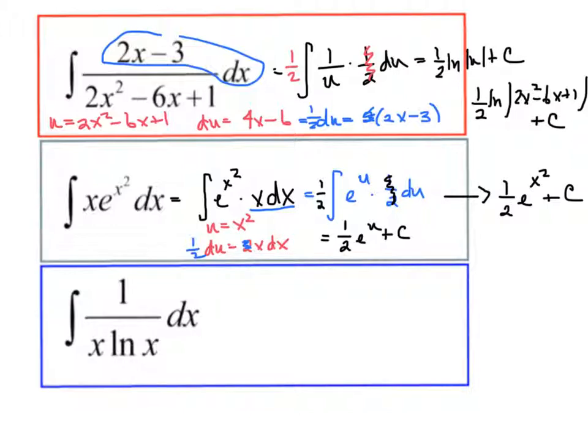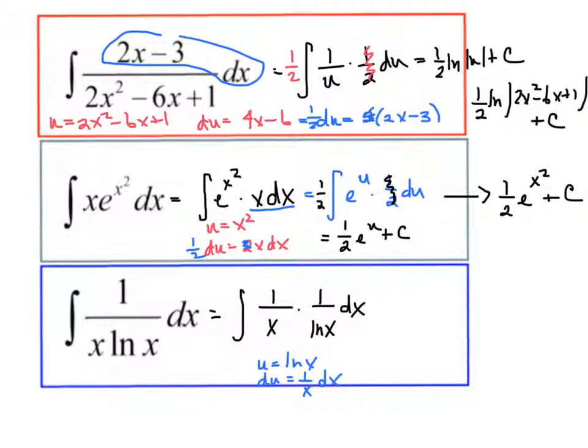One of the trickiest looking ones here at the end, 1 over x natural log x, maybe would benefit from you thinking about it like it's 1 over x times 1 over natural log x. Of course, in multiplication, we just multiply across. And here you could make u equal to natural log x. So du would be 1 over x dx.